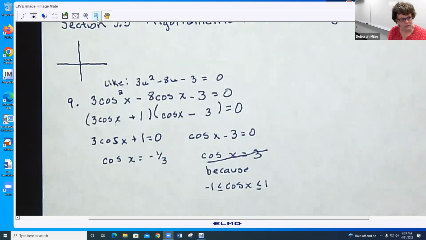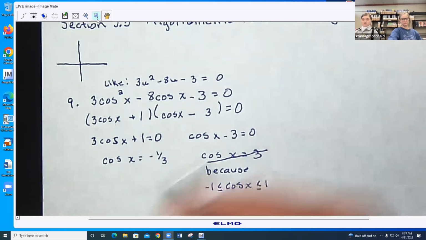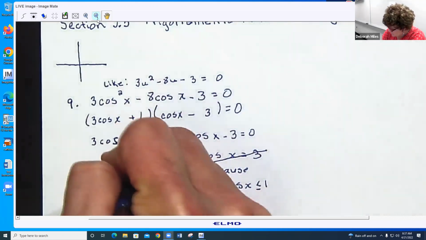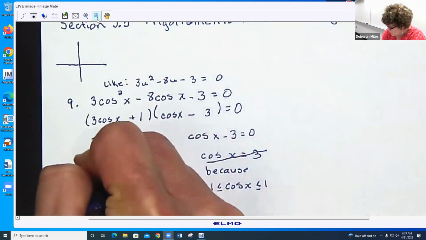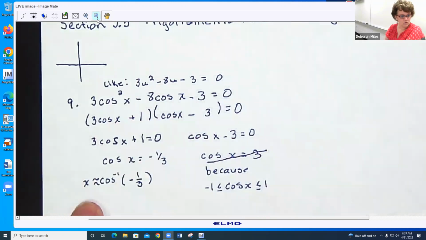What button on my calculator gives me the angle whose cosine is -1/3? The inverse. Yes, yes, yes. Inverse cosine of -1/3 would give me that angle.